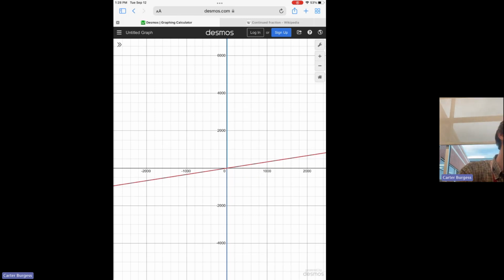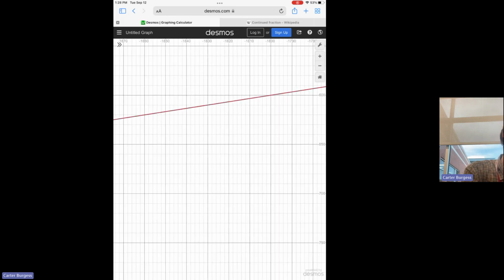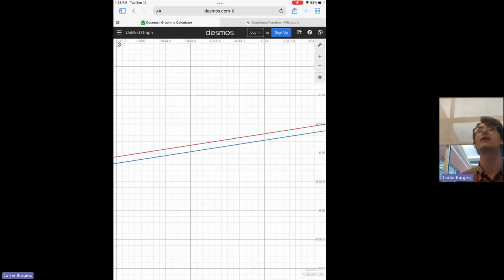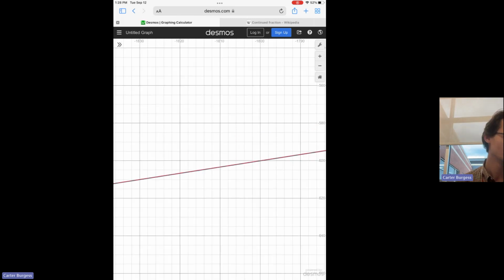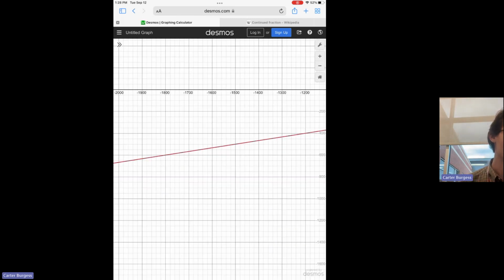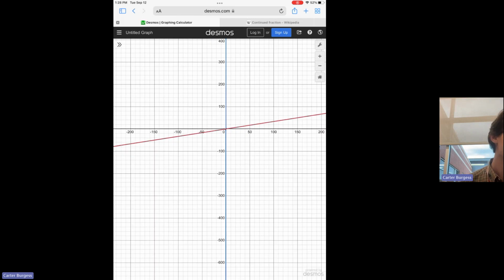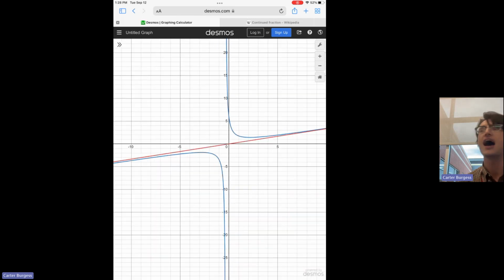It doesn't actually overlap. If you were to zoom in at any particular point, you might have to zoom in a lot, but eventually you would see that there is in fact a little bit of a gap between our function in blue and that 1/3 x line, and that would persist, but that gap would get smaller and smaller as x gets larger and larger. And so rather than approaching a horizontal line, we instead see that for large values of x, our function approaches a slanting line, or a line with a slope that isn't 0.